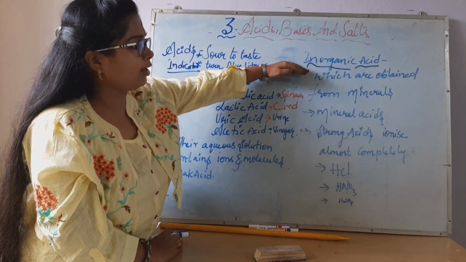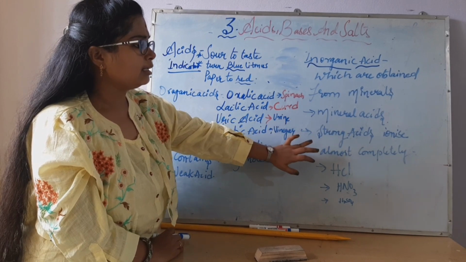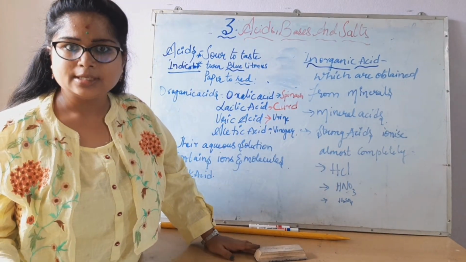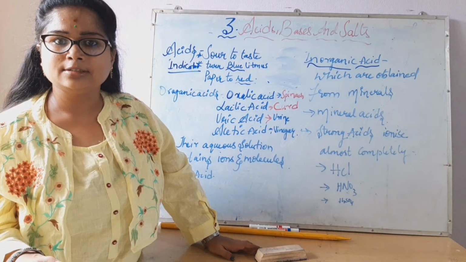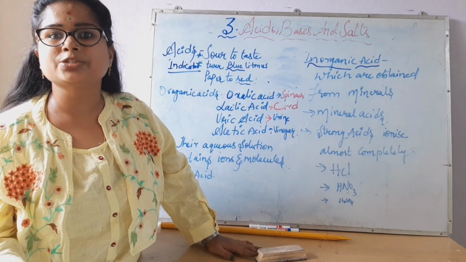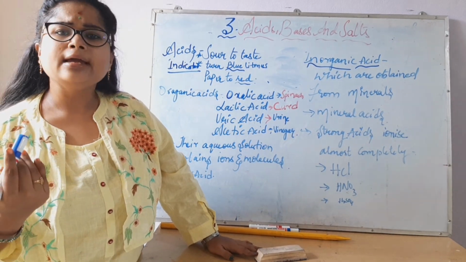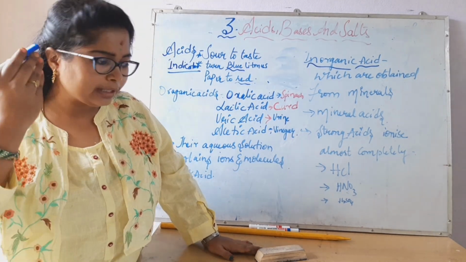Inorganic acids are obtained from minerals. These are very strong acids which we get from minerals, like hydrochloric acid, nitric acid, sulfuric acid: HCl, H2SO4, HNO3. Let me tell you one trick.